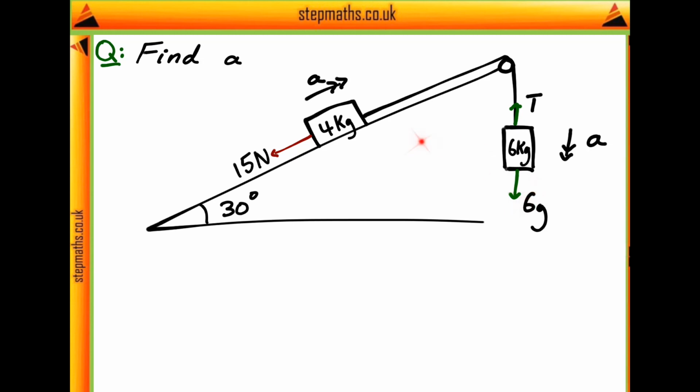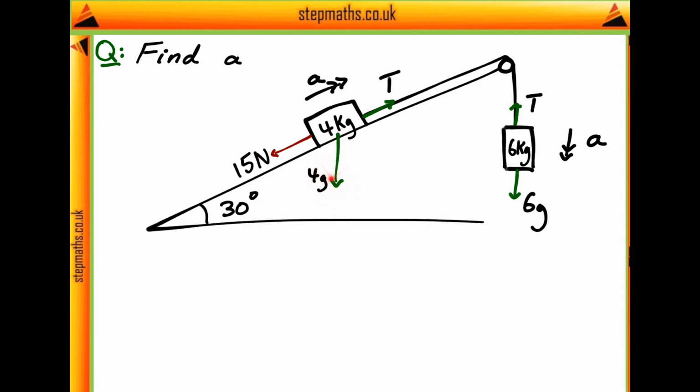Now let's look at our 4 kilogram mass, which is a bit more difficult, although not too much. Here we have a force acting along the string again, which is just the tension, and we have the force due to weight, or 4g. This weight component isn't too useful as it is, because it's not along the same direction as anything.